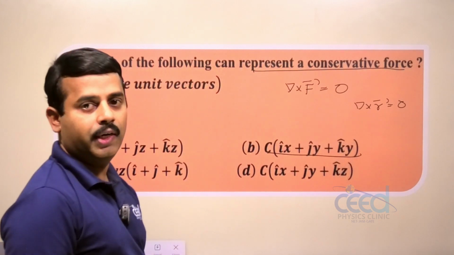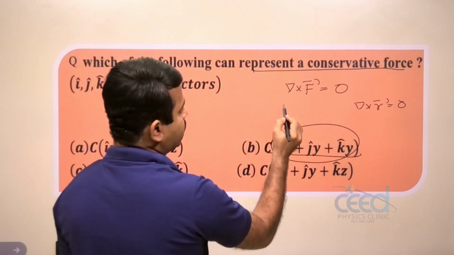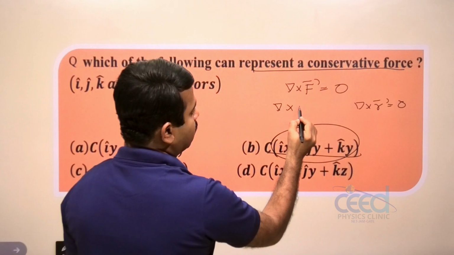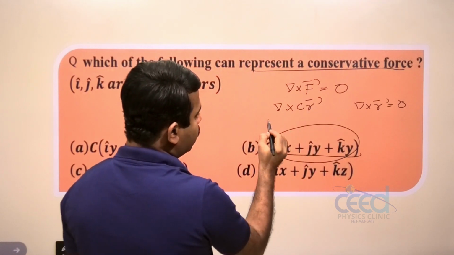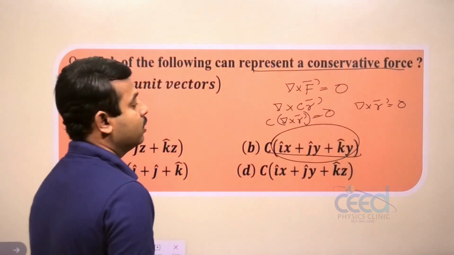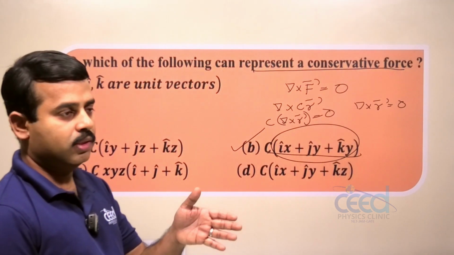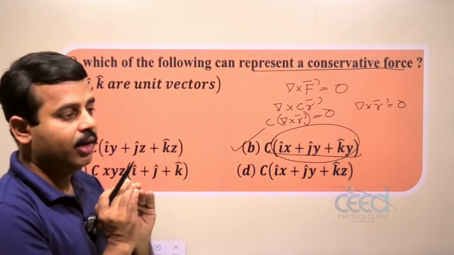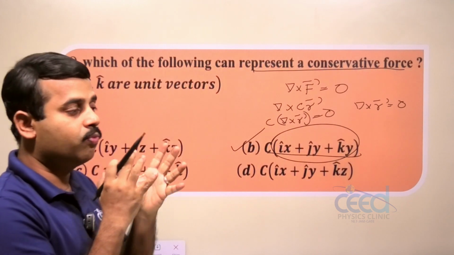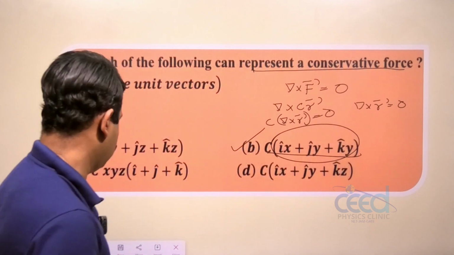We did that in the previous question. So this is the r vector only, right. So for a constant c times r, del cross c r, c you can take out, and del cross r you know is 0, right. So that means this represents a conservative force. The conservative condition is that the curl should be 0. Curl of that particular force is 0 means it is conservative, right.